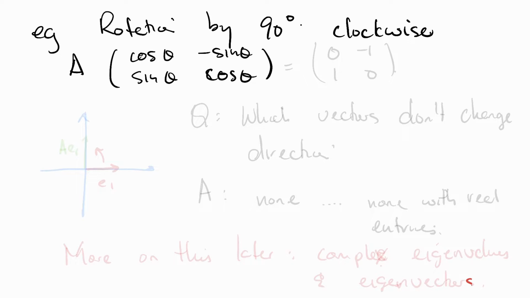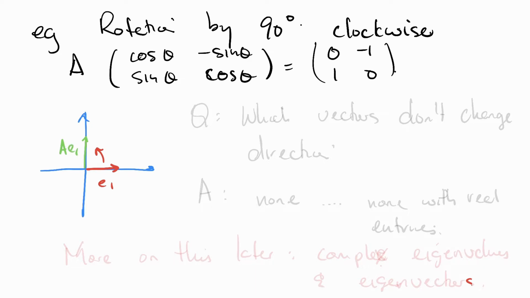So when theta is 90 degrees, this is going to look like (0, -1, 1, 0). And we know what this does. Here's a little sketch. Say this is E1. It gets rotated 90 degrees, and it ends up here, A of E1.